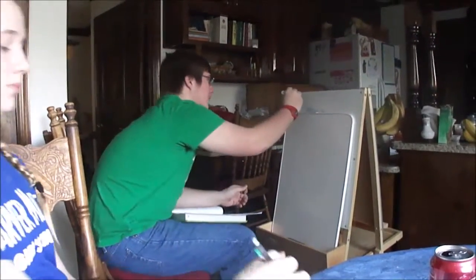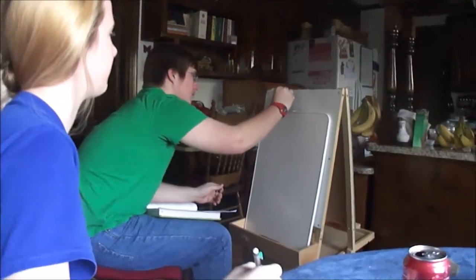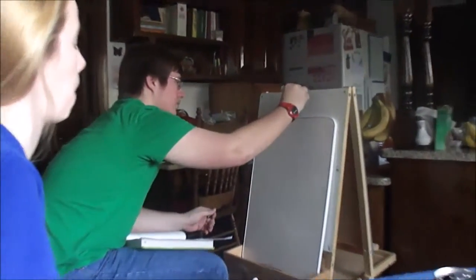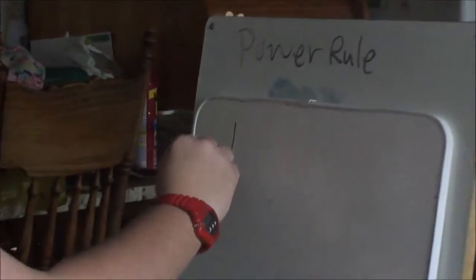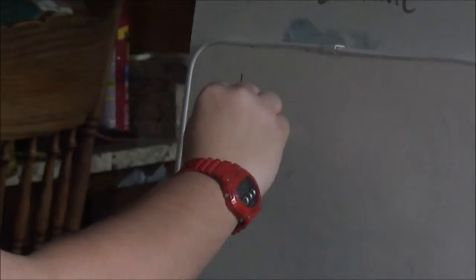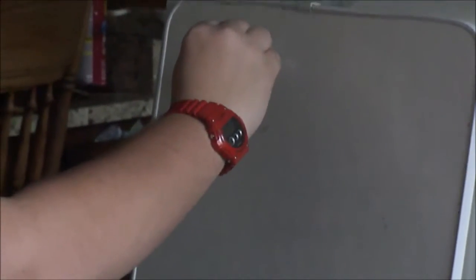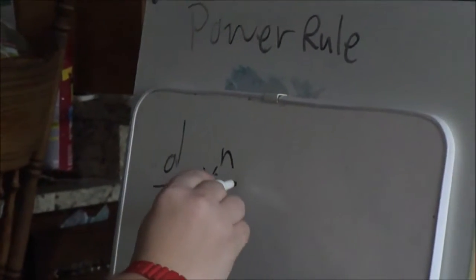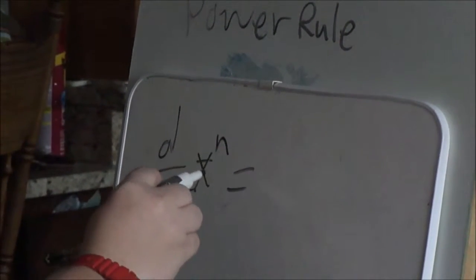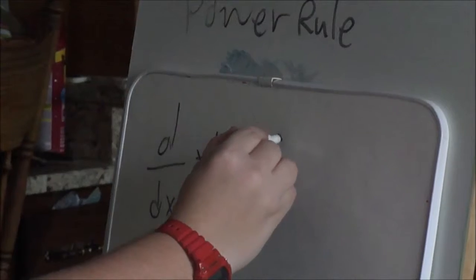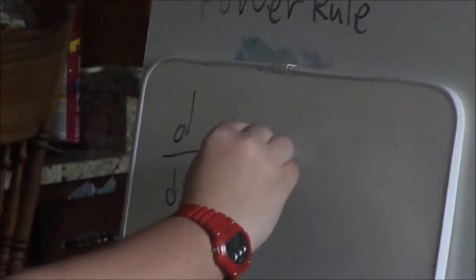Alright, next we'll be doing the power rule. This states that the derivative of a variable with an exponent will equal the exponent times the variable, and then you take 1 away from the original exponent.